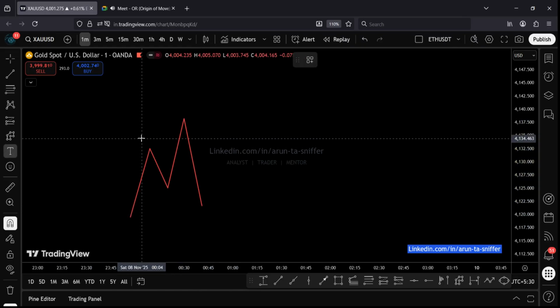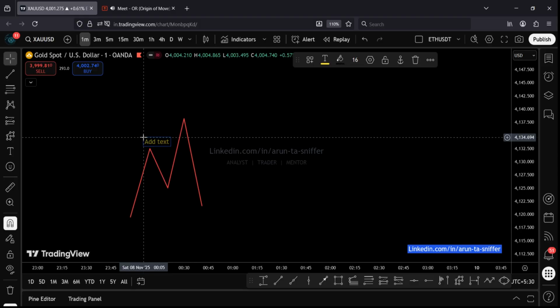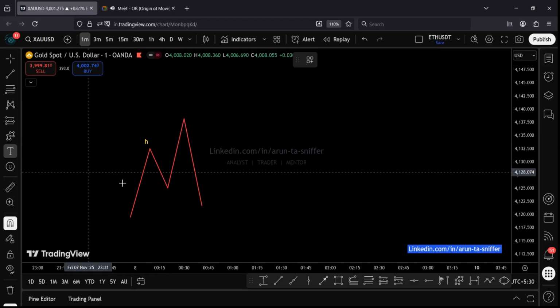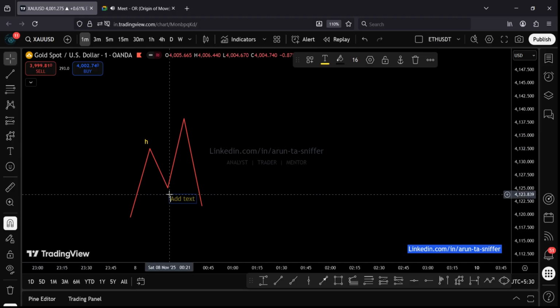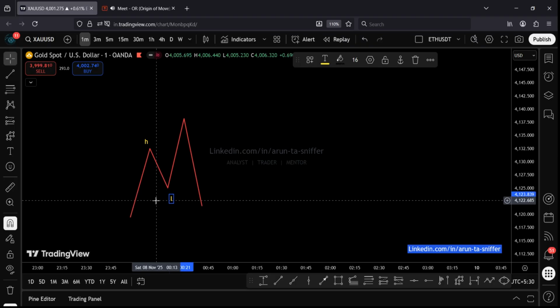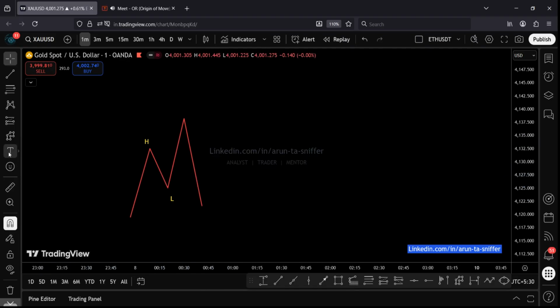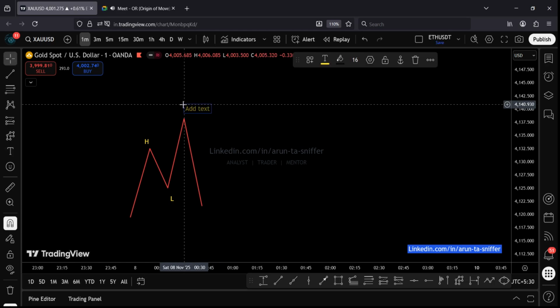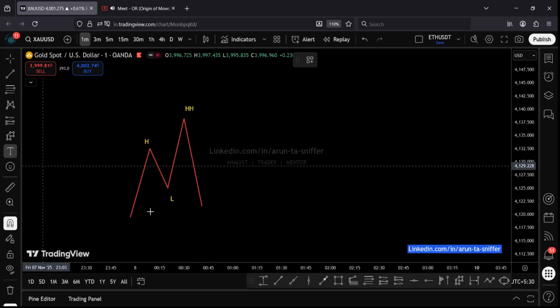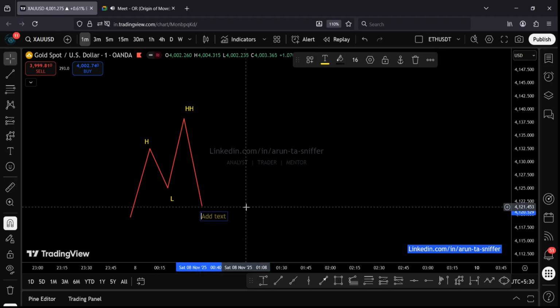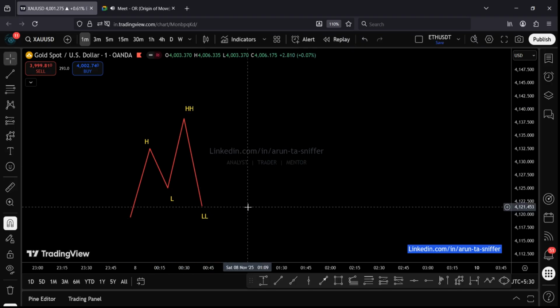So here price makes a high, then makes a low, high and low, then makes a higher high, and then makes a lower low, right?